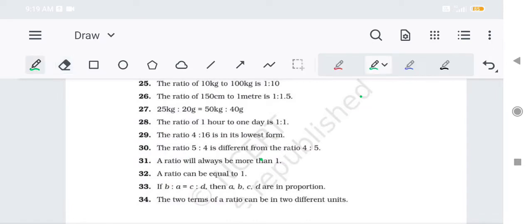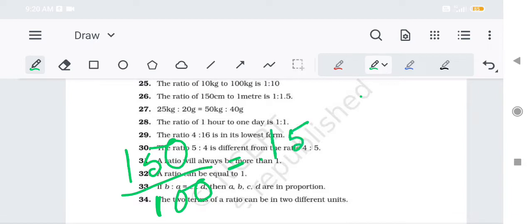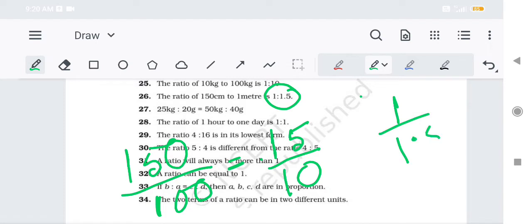In question number 26, it is written the ratio of 150 centimeter to 1 meter. So instead of 1 meter, we are simply writing 100 centimeter, because both of these terms must be in the same unit. So 150 centimeter to 100 centimeter. Now we can reduce this fraction and we are getting 15 by 10, and here in the ratio it is given 1 by 1.5.